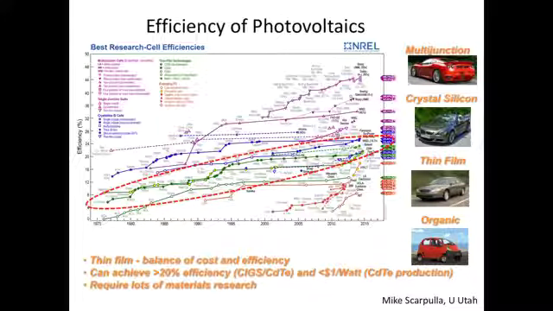We've talked about silicon. Silicon is kind of the luxury standard. It has a really high efficiency. Thin films are a cheaper alternative, and they're getting to be about as reliable as silicon. Organic PV, which I'll talk about, is really cheap, and not very stable. It could break down at any time.